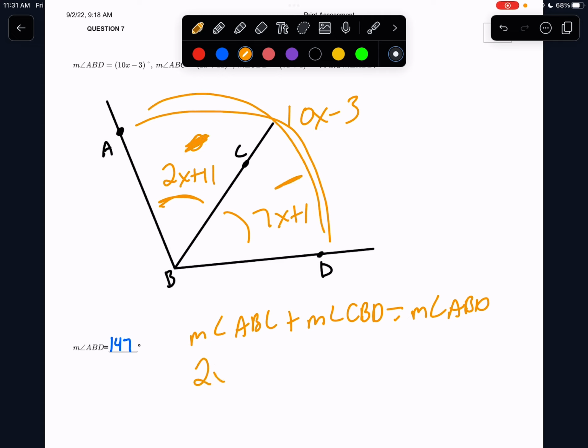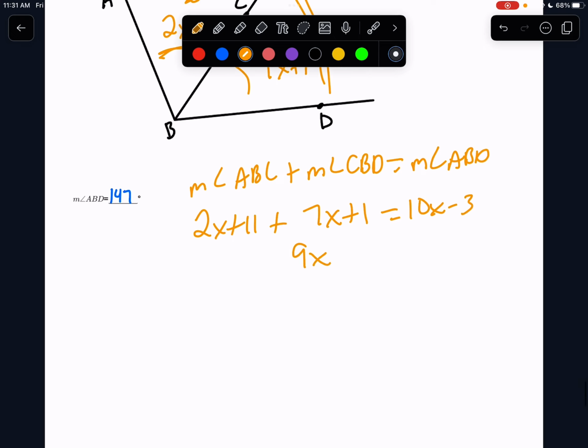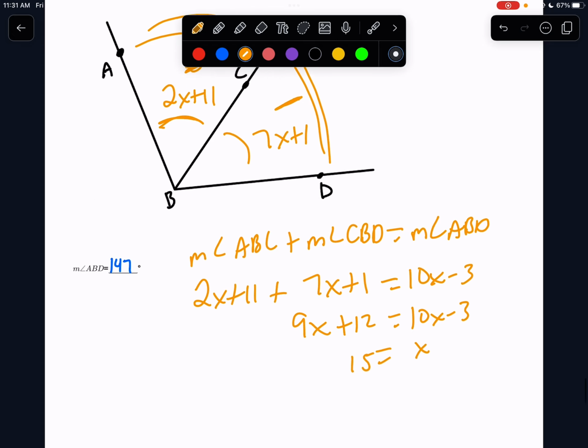So we know that 2x plus 11 plus 7x plus 1 has to equal 10x minus 3. So 9x plus 12 has to equal 10x minus 3. So x has to equal 15.